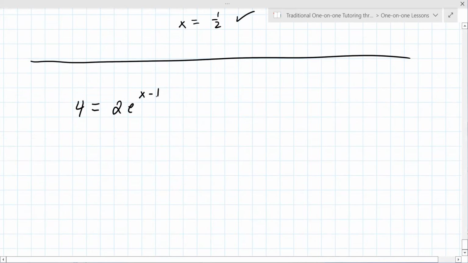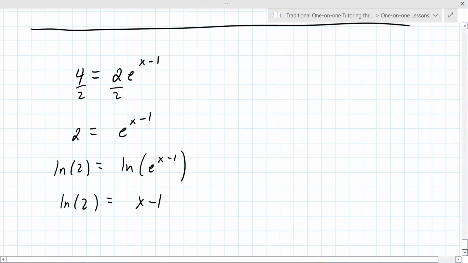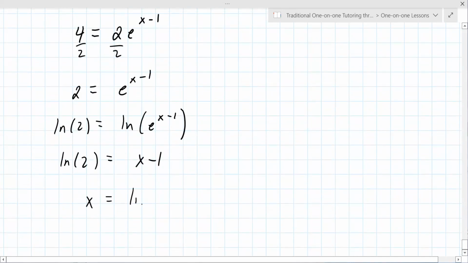To solve this, you divide by 2. If there's something added or multiplying, you get rid of that first. Then you use natural logarithm of both sides. You get ln 2 equals x minus 1, x equals ln 2 plus 1.